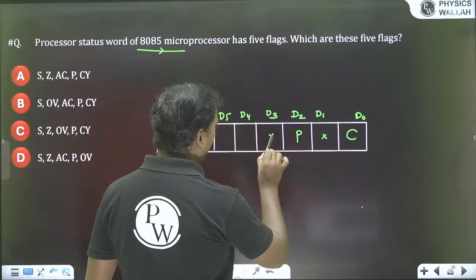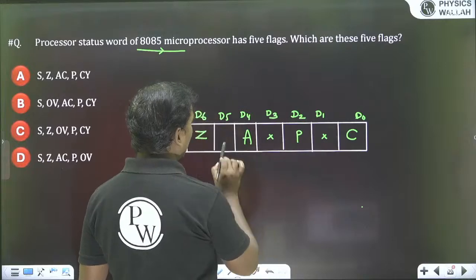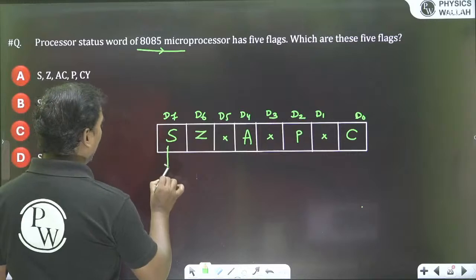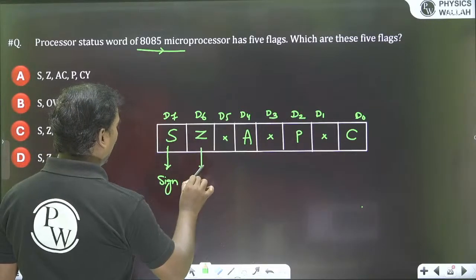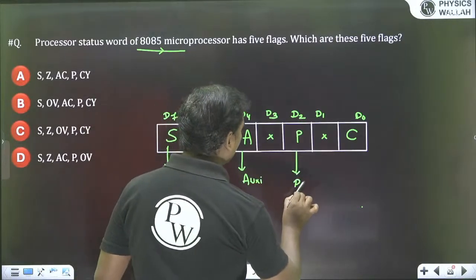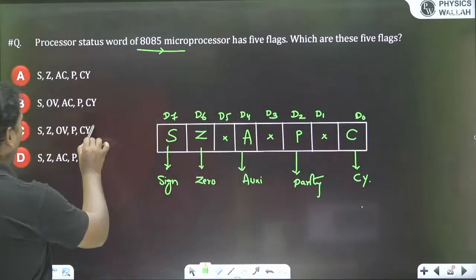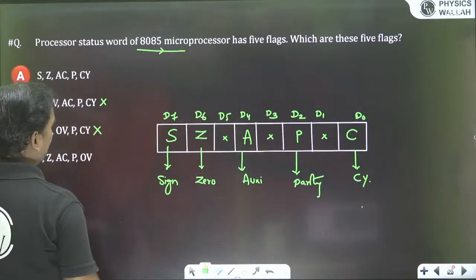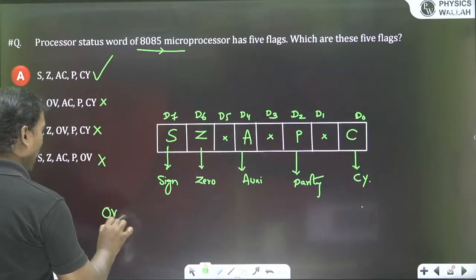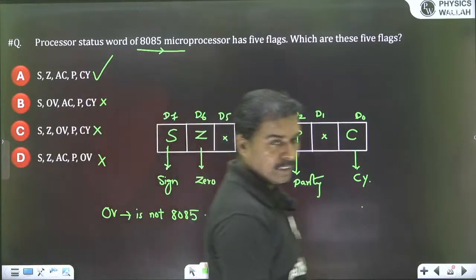The flags are sign, zero, auxiliary carry, parity, and carry. So the overflow flag is not there in the picture. OV flag is not in 8085. Okay, option A is the right answer.